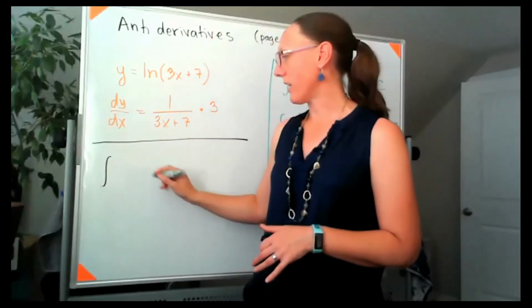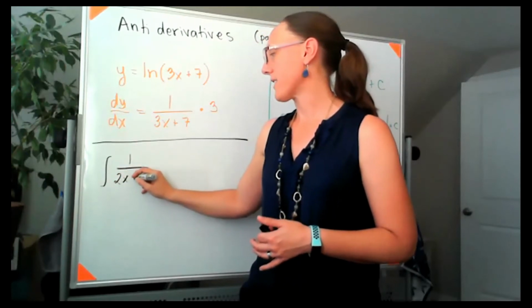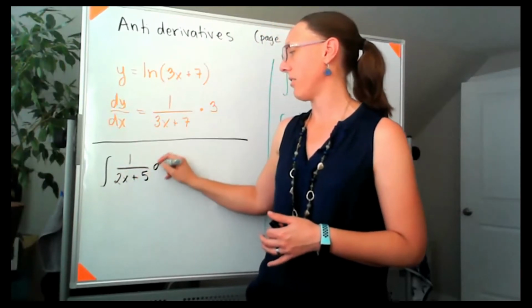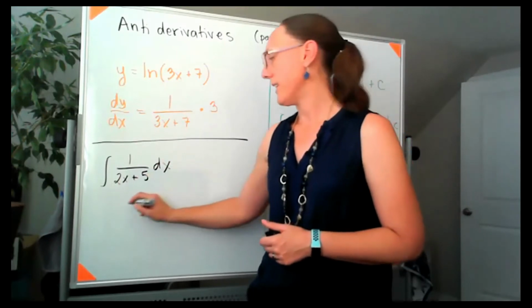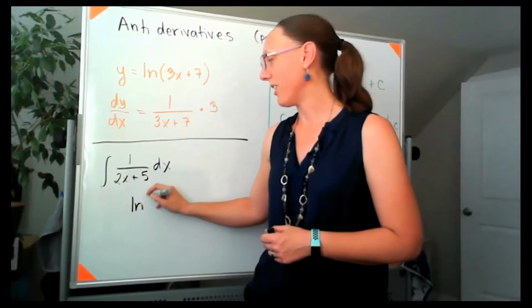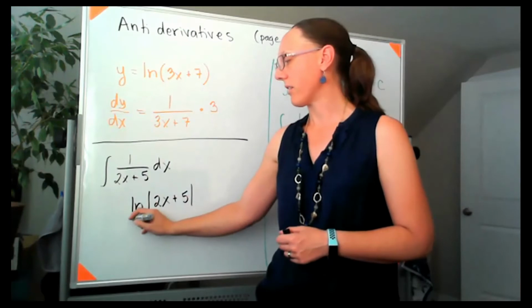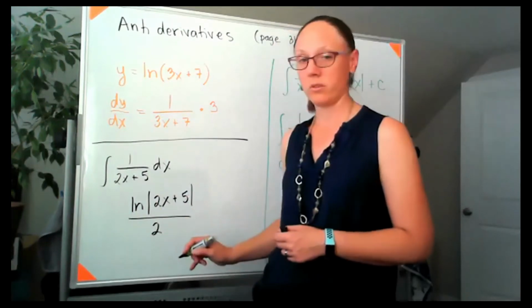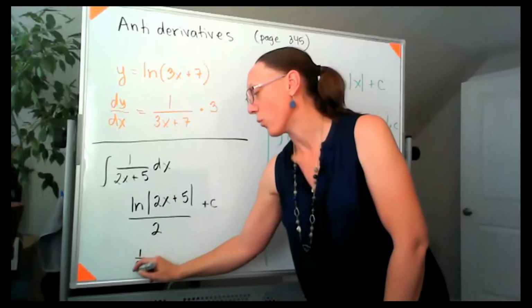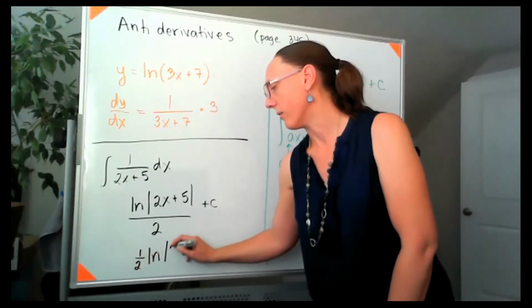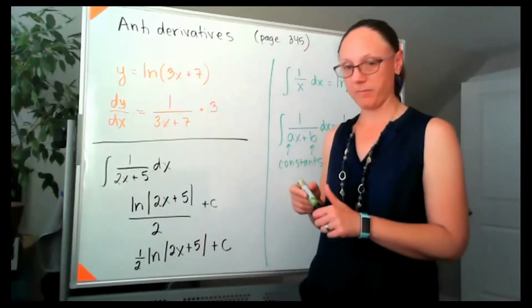Suppose I started with 1 over 2x plus 5, then that antiderivative is going to be natural log of absolute value of 2x plus 5 divided by 2, plus a constant. Or we can also write that as 1/2 ln absolute value of 2x plus 5 plus a constant.